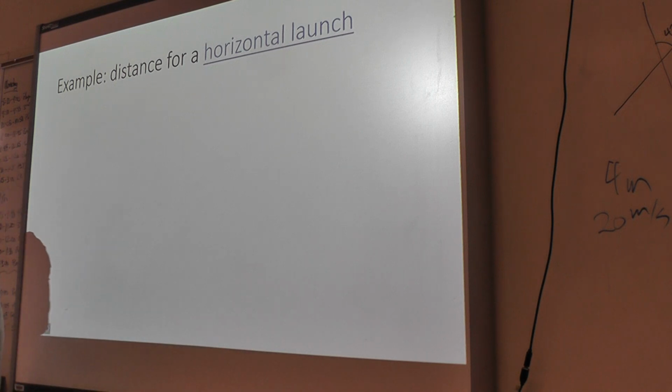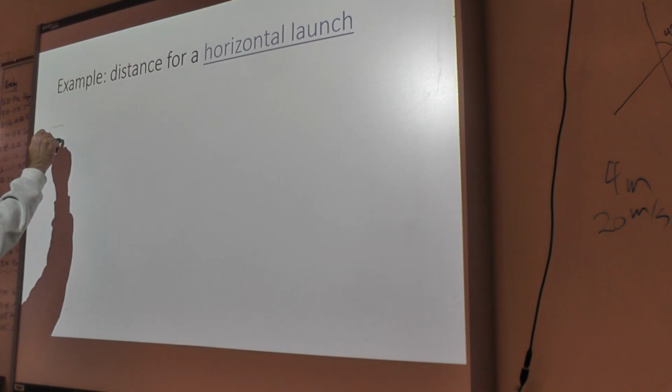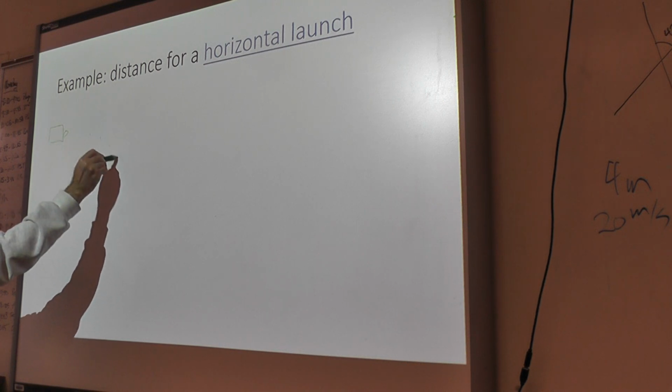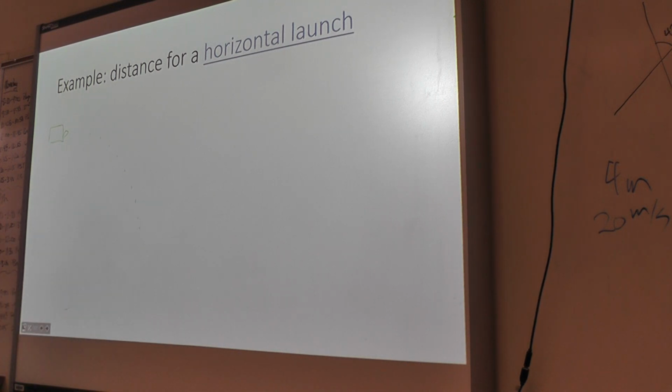Just like we were doing before with kinematics, we're gonna start by drawing a picture. So let's say we've got our launcher, and the ball is gonna go like this, and what are we gonna know in this particular kind of problem, which is not the only kind, but it's a good starting point. We're gonna know the height of the ball.